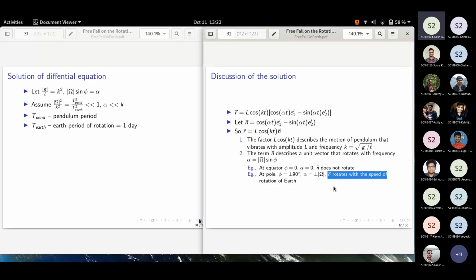Sir, at the equator, if the initial displacement is along the y direction and not in the x direction, will this Foucault pendulum show the deviation? We have to solve this equation and see. Whatever we have solved is with the x perturbation. We have not solved with y perturbation. So we have to really solve that and see.